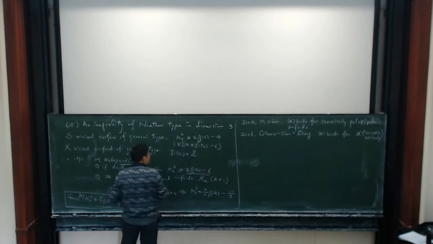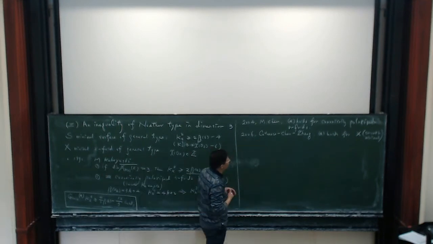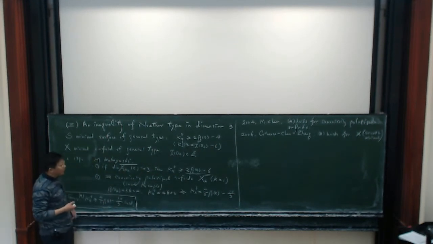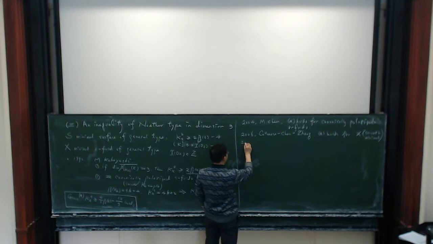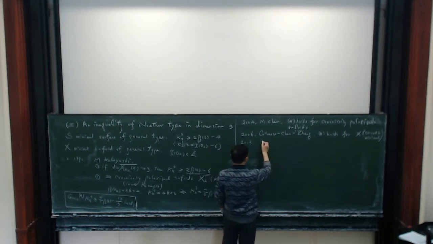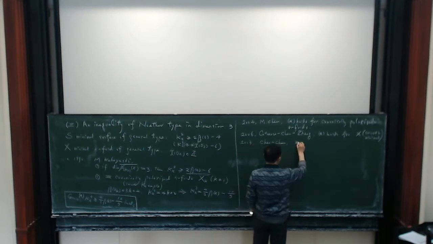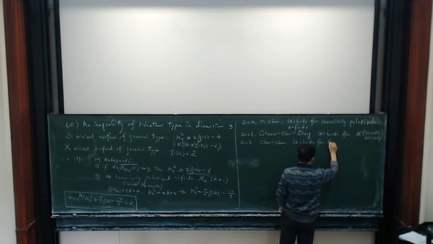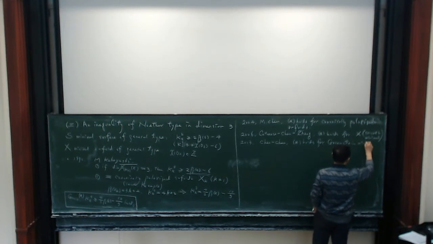Okay, and actually, the open problem is, in this paper we conjectured that this inequality holds for Gorenstein minimal threefolds. So last year, Meng Chen and myself verified this for Gorenstein minimal threefolds.